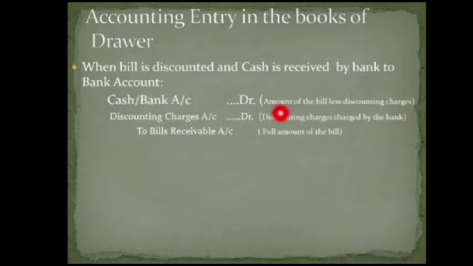Then discounting charges, which you saw how to calculate, you will calculate that way. To bills receivable account, the full amount of the bill. So this is the journal entry which you are supposed to pass in the books of the drawer when the bill is discounted with the bank and the drawer receives the cash.